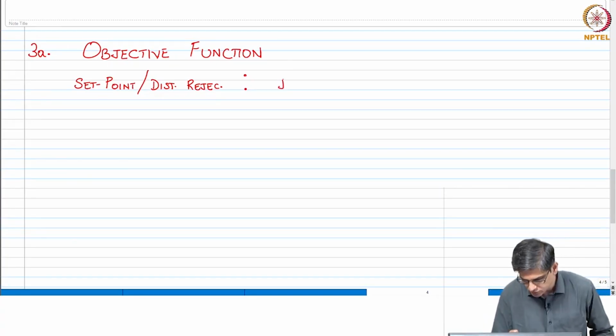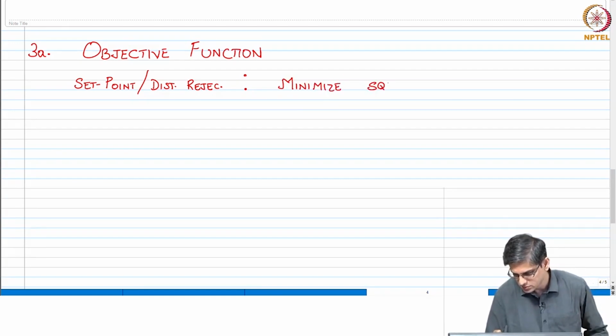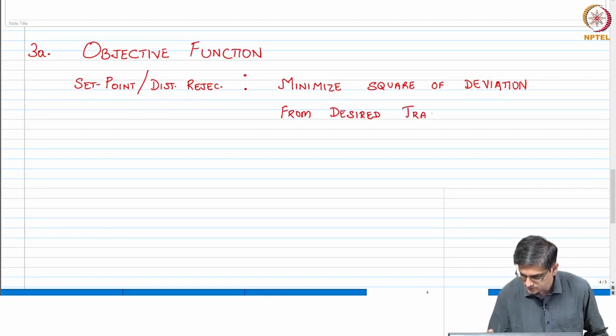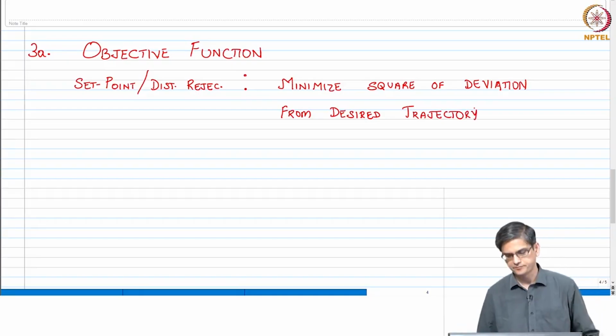Okay. So, minimize square of deviation from desired trajectory. Okay.